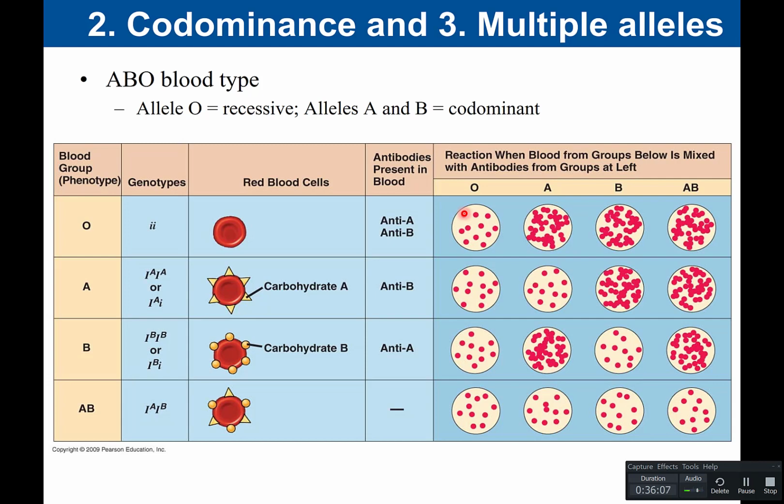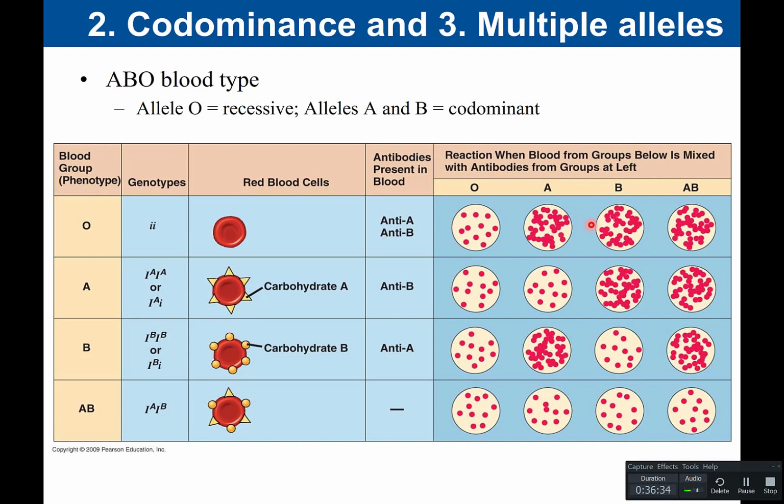However, if you're blood type O, you cannot receive A blood, because your blood is going to make anti-A antibodies. It will see that A carbohydrate as being foreign because your blood cells don't have it. Your blood will also make anti-B antibodies because, again, there's no B carbohydrate on the surface of your red blood cells, and B is seen as foreign.